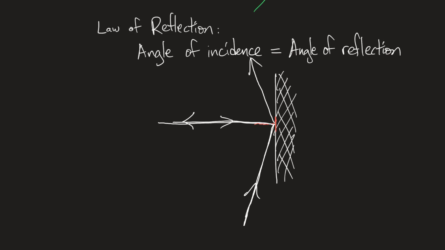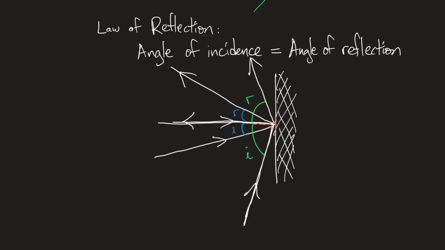If you had a light ray that came in at an angle like this, then you would expect it to come back like that. And that is because the law states that the angle of incidence should be equal to the angle of reflection. Just like in this case, these two angles are equal.